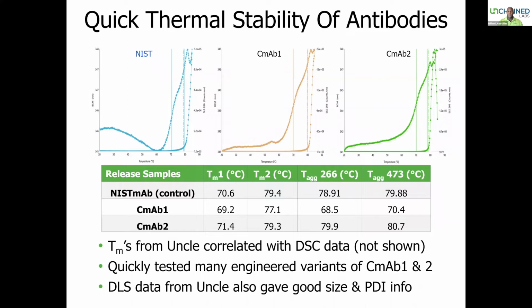Yeah? When it comes to the second and third antibodies that you see there, the so-called mAb1 and mAb2, you'll note something interesting here where the first melting temperature, right, the TM1, is a bit closer to the Tagg, and that's going to be an indication of the effect that this one can have on the aggregation that you see there.